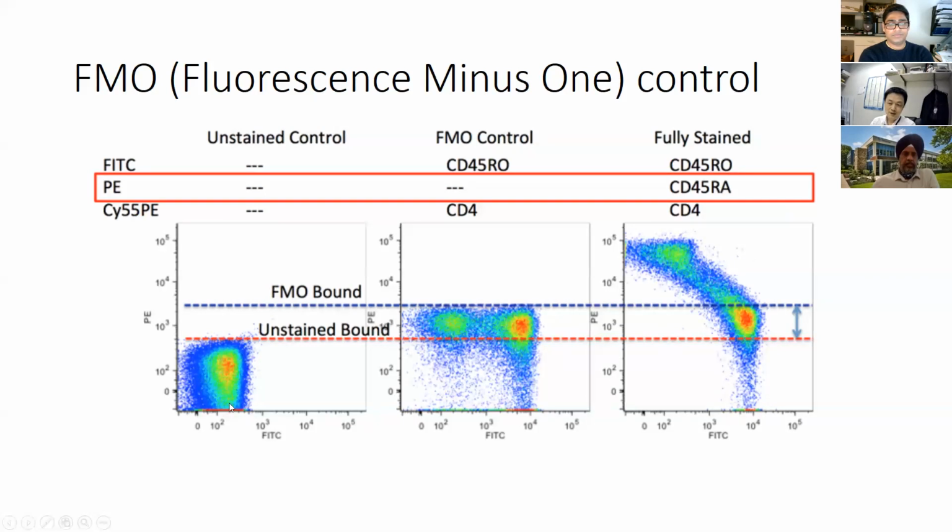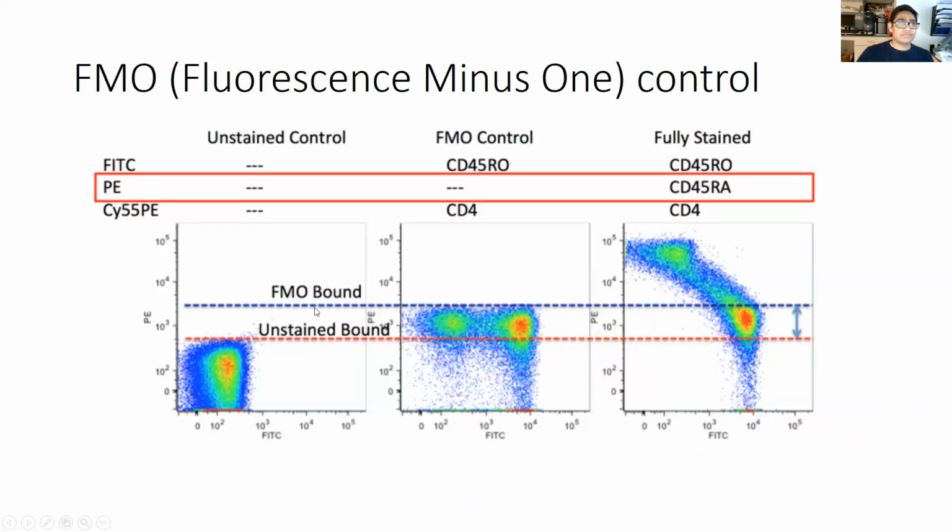So first is the unstained plot. If we draw a gate based on this unstained sample, it will be like this orange dot. The second plot is the FMO. FMO here means the sample is only stained with Physi and P psi 5.5 without P. Compared to the unstained, based on this gate, almost everything is considered P positive, but we do not have P here.